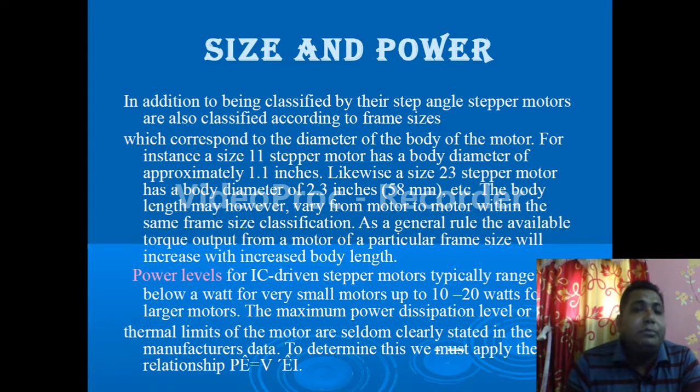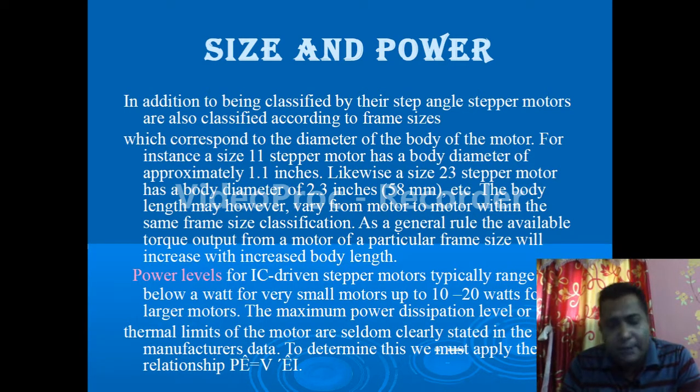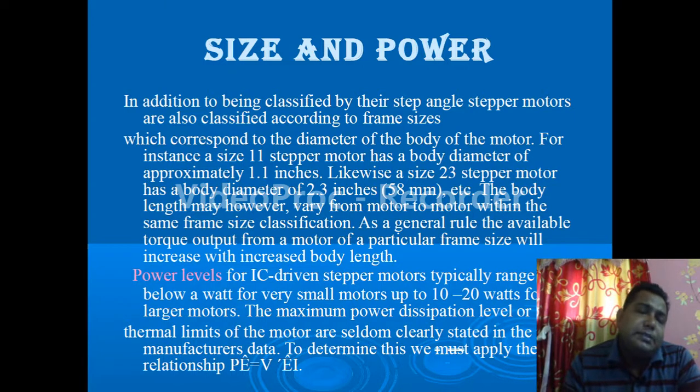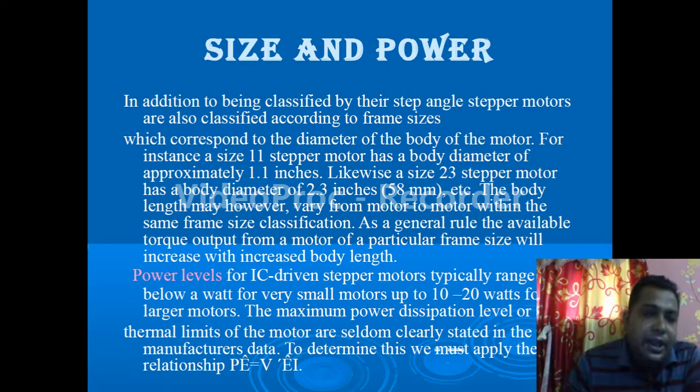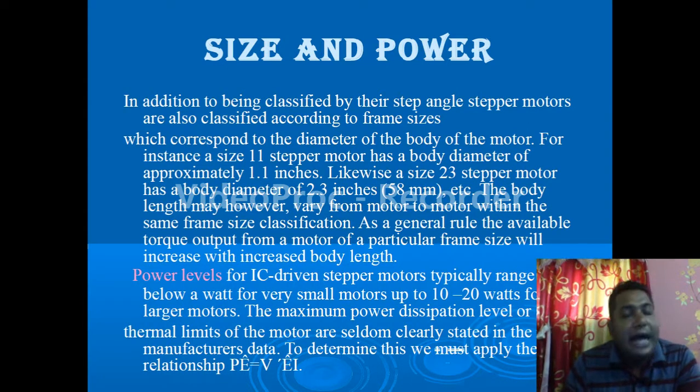That is the size and power of the stepper motor. In addition to being classified by their step angle, there is another classification regarding the frame size, which corresponds to the diameter of the body of the motor. For instance, a size 11 stepper motor has a body diameter of approximately 1.1 inches.